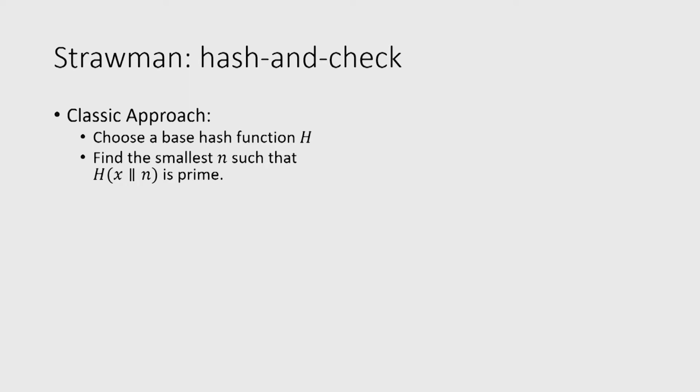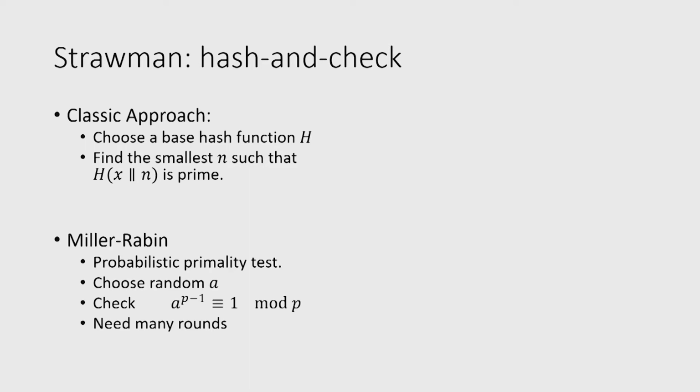This seems like a pretty minimal definition, and it kind of is. You just have to find this n, the smallest n that produces a prime hash. In order to do this, you have to test a whole bunch of numbers for primality, because for every n, you produce a hash, and you have to check, is this prime?